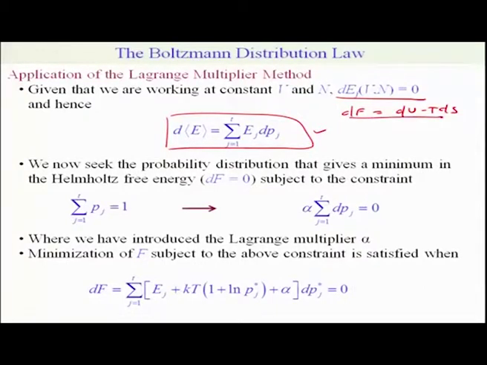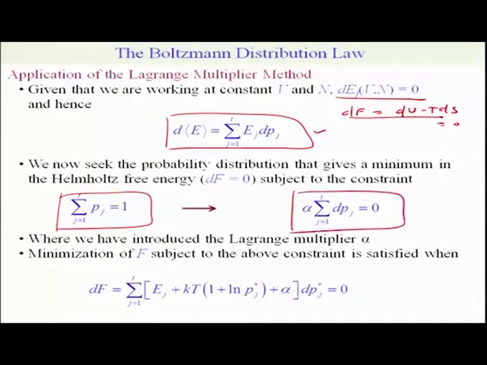This is basically the function which we are trying to minimize. We also need to understand that we have a constraint, which is something we have done earlier also. We have to minimize this function subject to the constraint here, so we are going to put alpha times the sum of dP equal to 0.